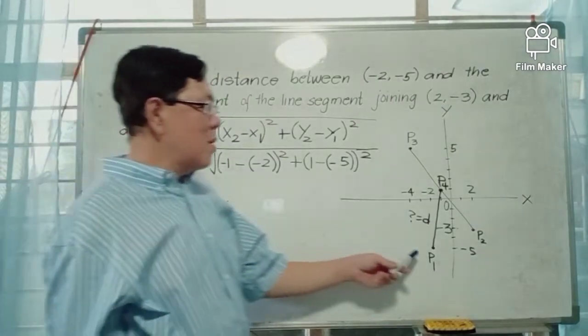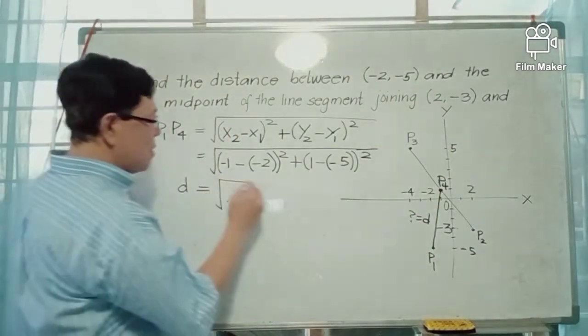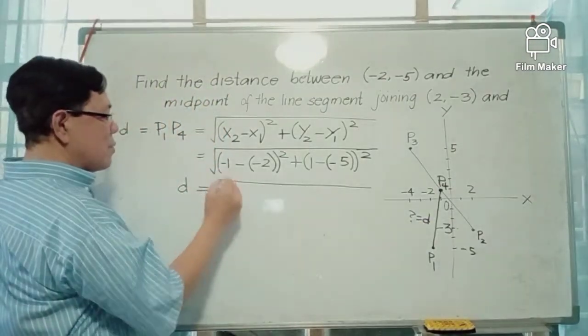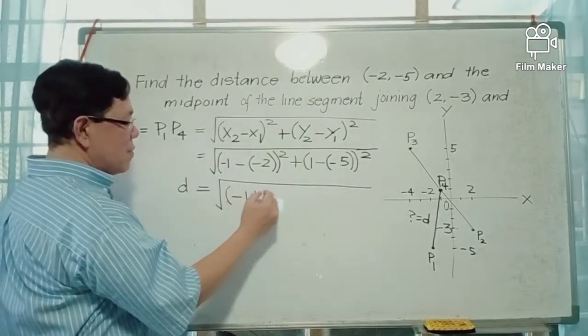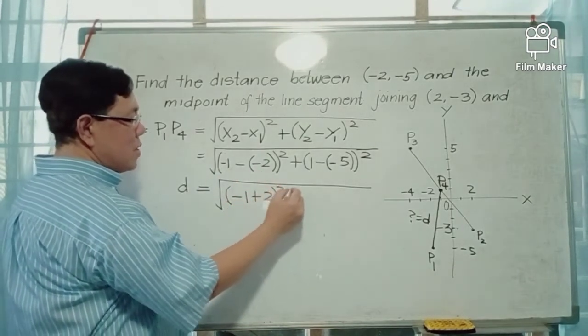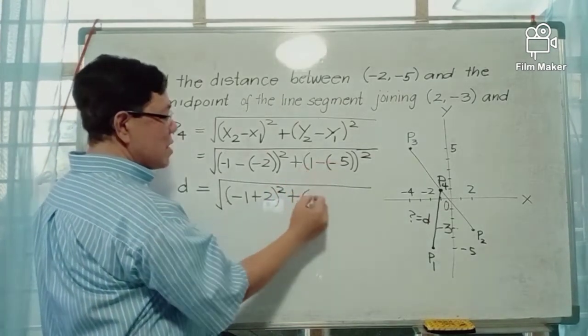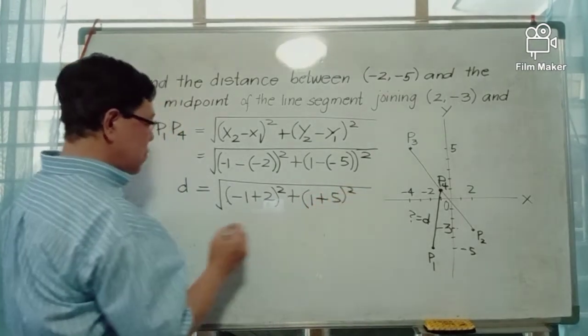And we simplify the expression inside the radical sign, and we get D, the distance between P1 and the midpoint, is equal to the root of -1, negative and negative is positive, 2 to the power 2, plus 1, negative and negative is positive, 5 to the power 2.